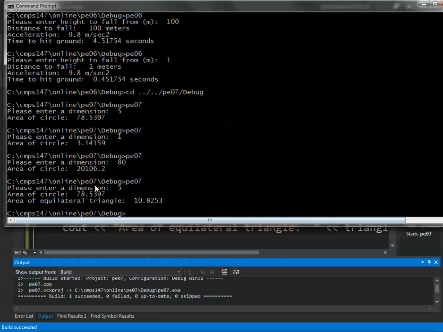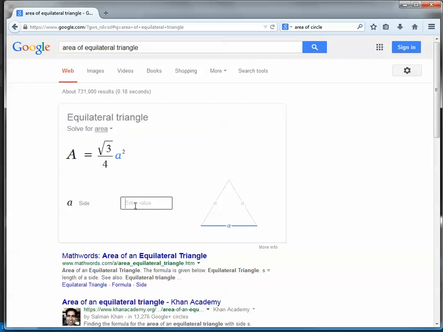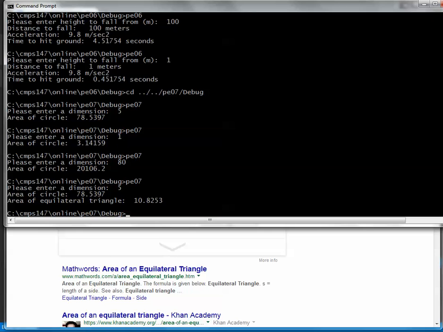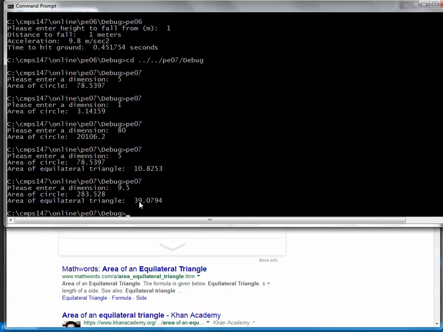And we see 78.53 come out and 10.8253, which rounds to the same thing as the 10.83. If we want to double check with a couple of different ones, maybe 9.5, 39.08. If we look at our program, type in 9.5, and then we get 39.0794. Right, so that's looking good as well.